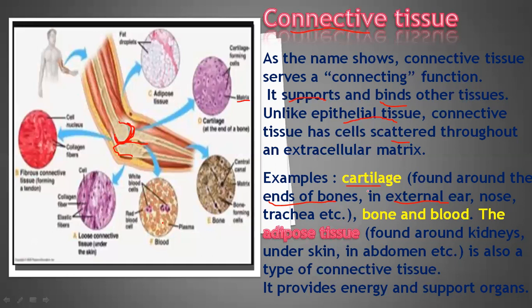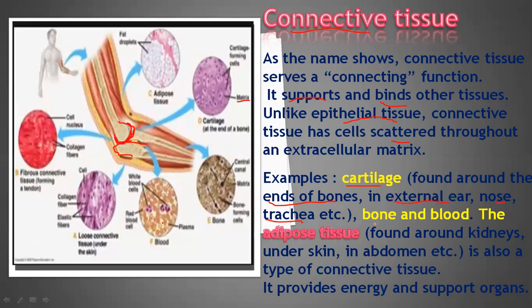We don't give it the name of bone. And your nose also has muscles, bone, as well as cartilage. Where your nostrils are, above the nostrils, that is cartilage. Then we have it in the trachea. The trachea is your windpipe, where this cartilage is present.